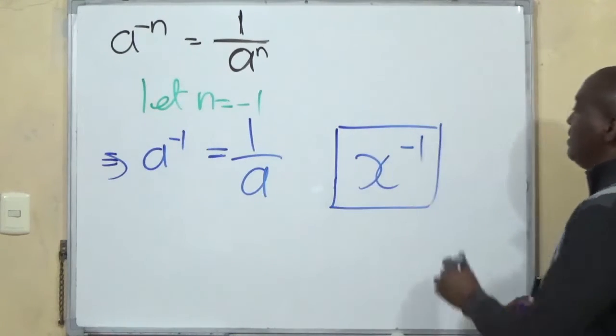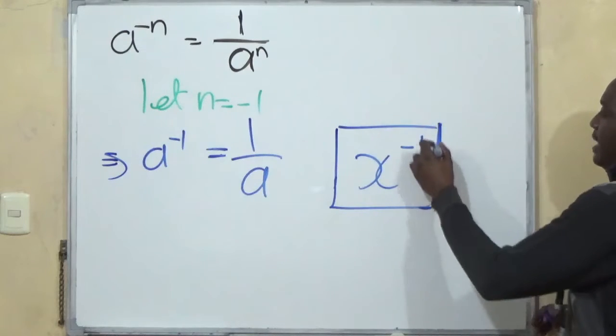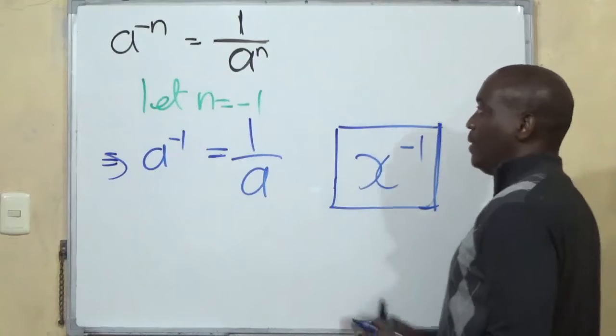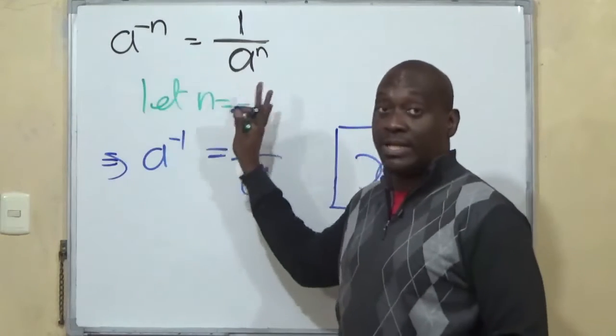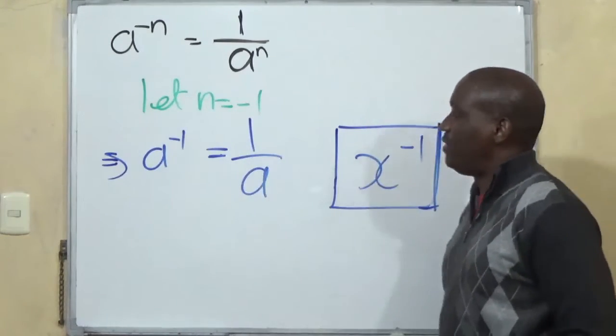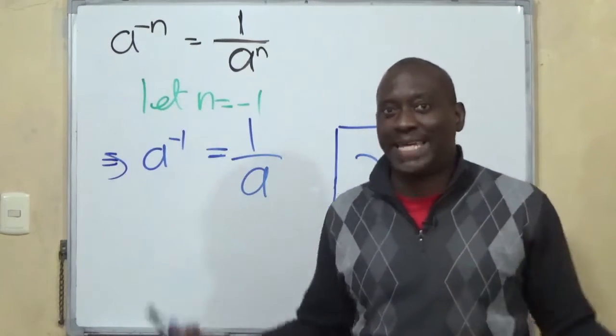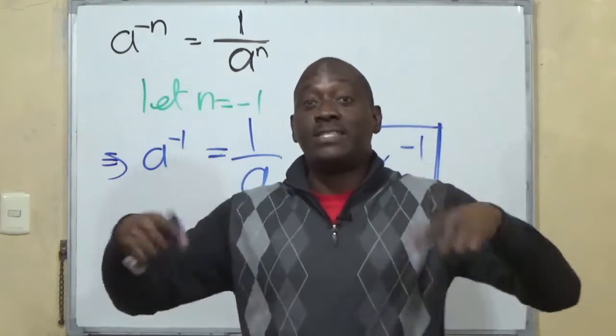That button is now your invitation on the calculator to invoke this rule here, which is a special case of this rule here. This is what we refer to as reciprocation. You reciprocate to find the reciprocal.